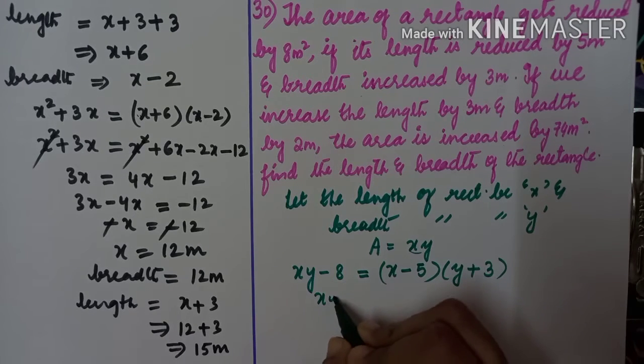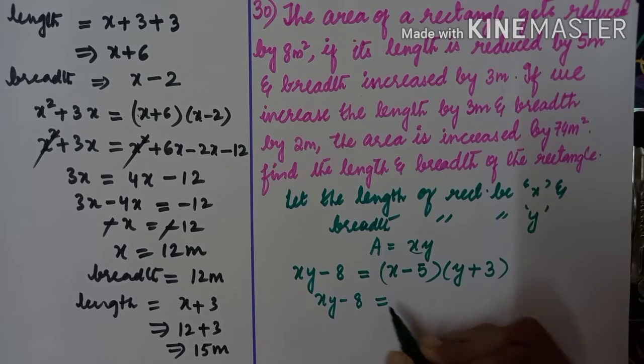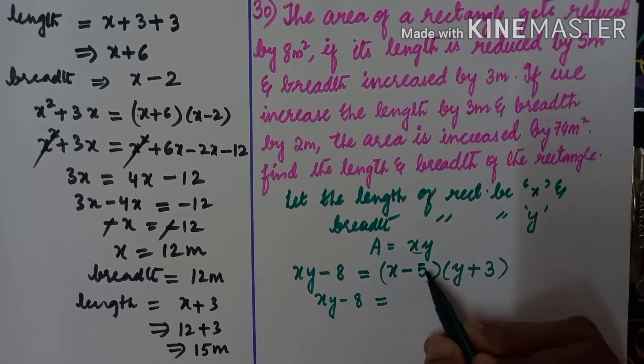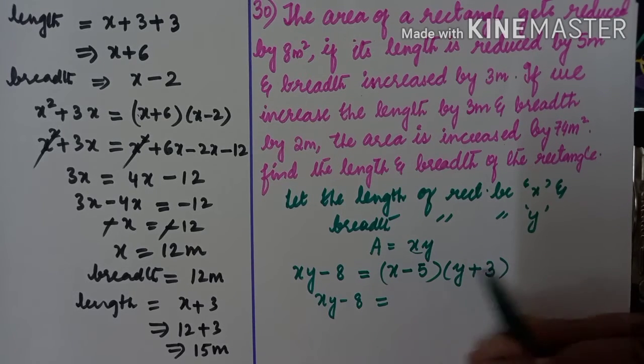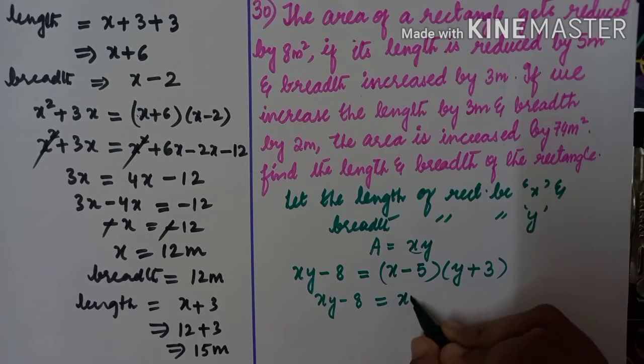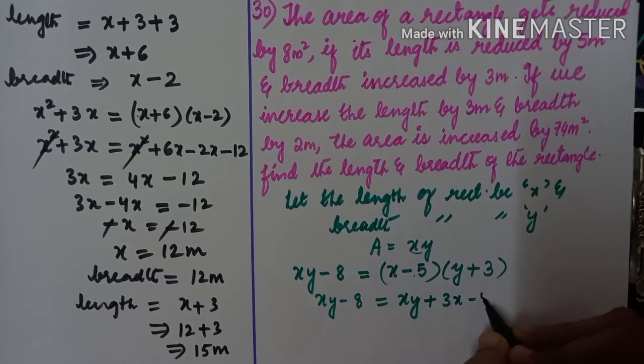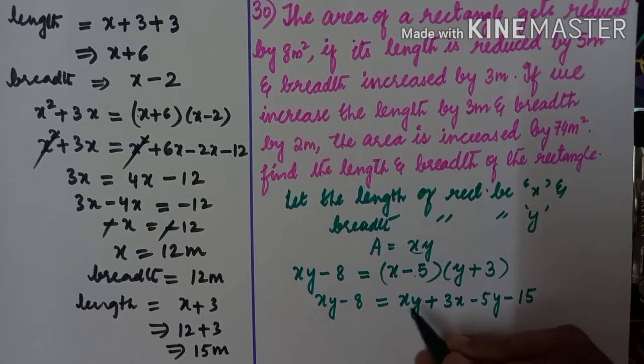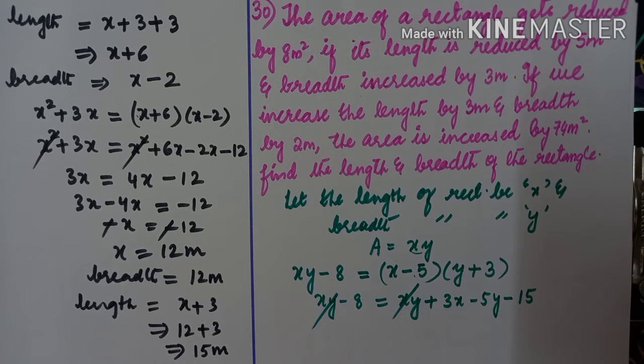We will simplify: xy minus 8 equals to, here (x minus 5)(y plus 3), let us simplify this. x into y, xy, x into 3, 3x, minus 5y, minus into plus minus, 5 threes are 15. So your xy and xy will get cancelled.